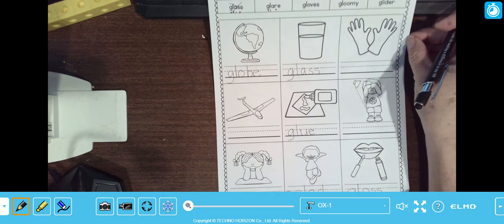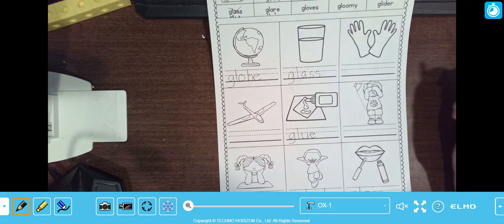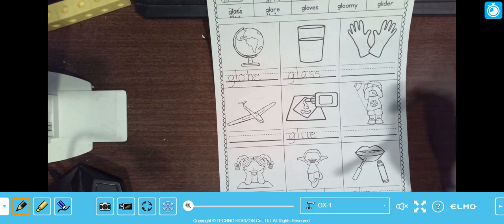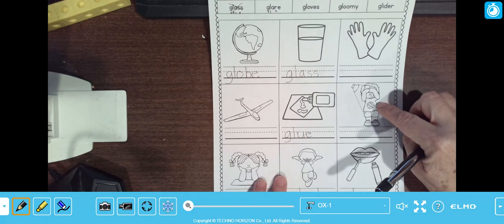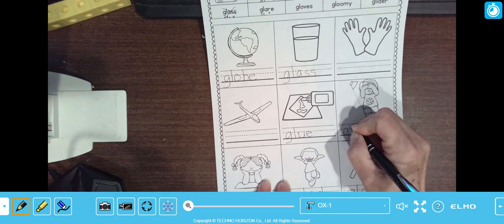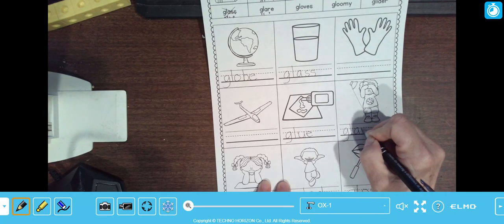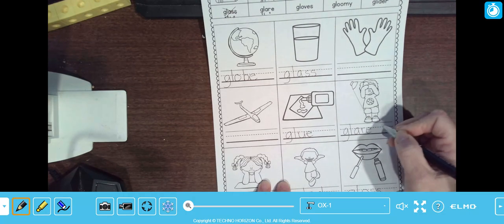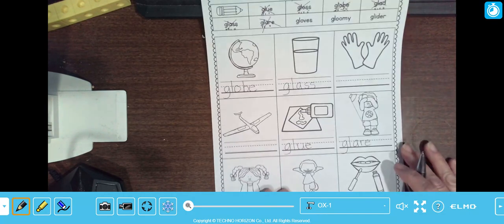Glare. Which one of these pictures shows us the word glare? Here it is. When there's too much light, it's glare. So here it is. Go ahead and write down the word glare and cross it off here.